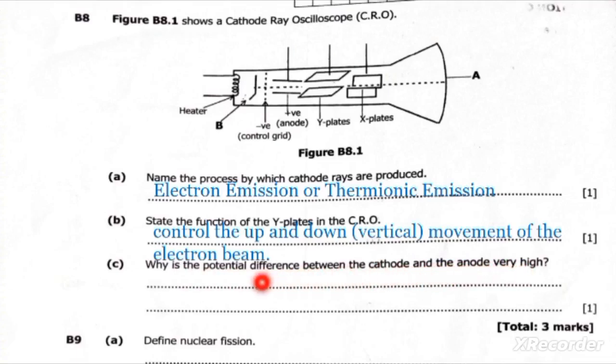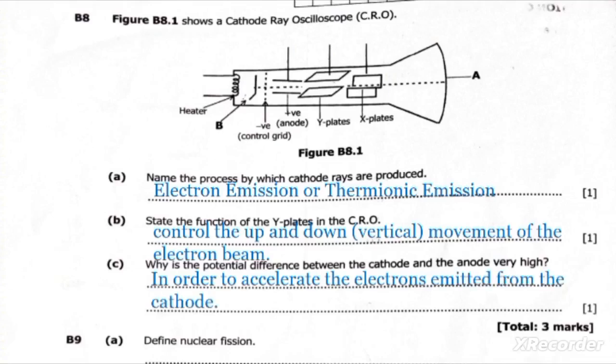In order to accelerate the electrons emitted from the cathode, so that electrons are emitted at a high speed from the cathode. We have answered this one.